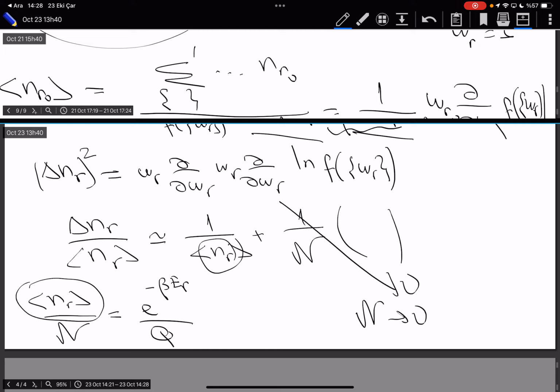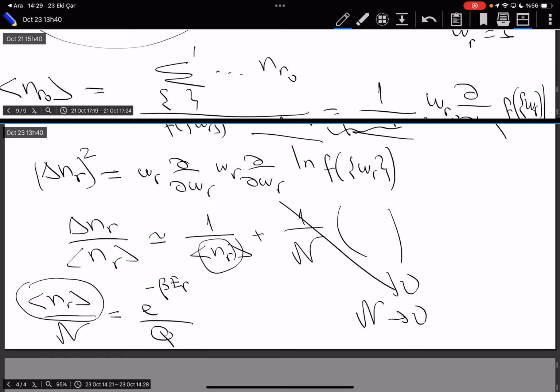Well, that kind of makes sense because just take a huge number of copies of your system. If there is one copy in a given microstate, if you double your copies, you will have 2. If you triple your copies, you will have 3. If you have infinitely many copies of the same system, you will have infinitely many copies in a given microstate in your ensemble.